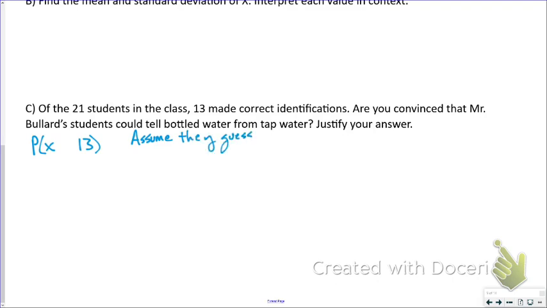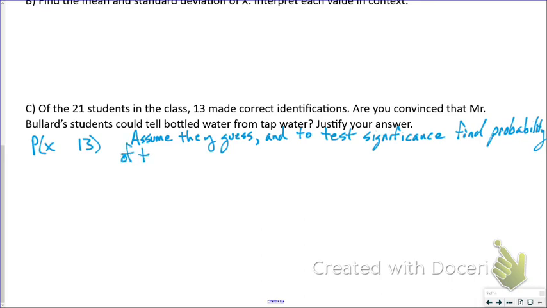and to test significance, find the probability of the value that occurred, which is 13, or anything more extreme.